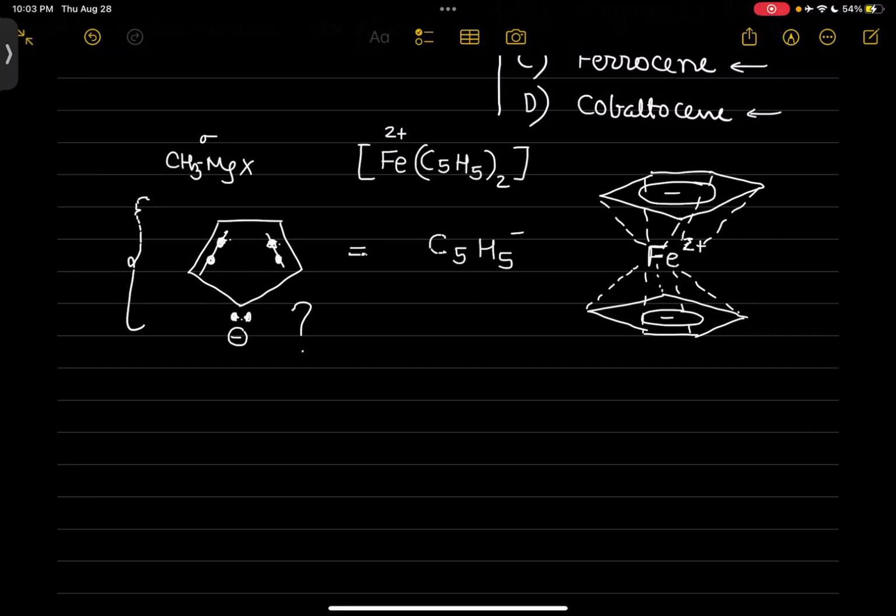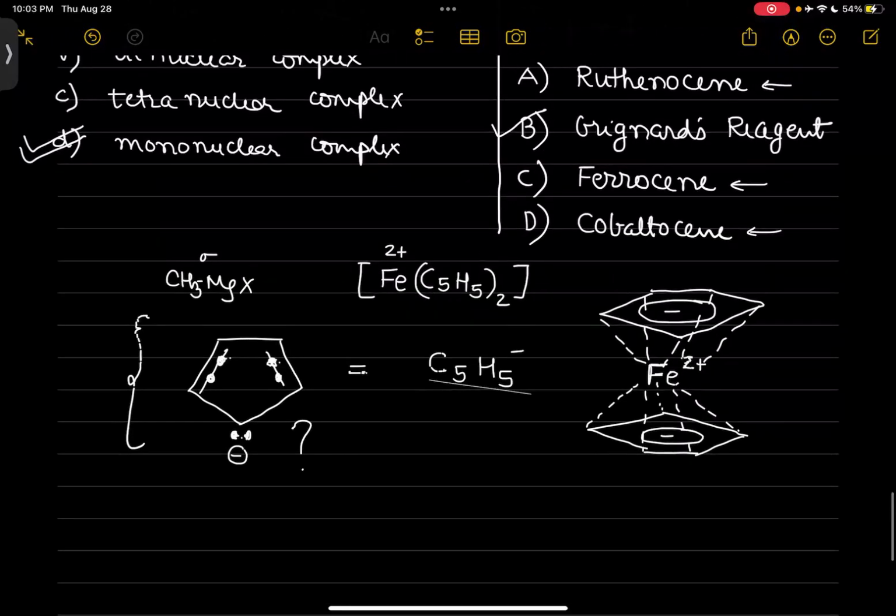And this is ferrocene, right? So this is not the sigma bonded. You can see, Jovita, clearly that this is the pi electrons of the ring getting connected to iron. In the cobaltocene, you have cobalt, exactly the same structure. In the rhodinocene, you have ruthenium in place of iron. Got it?